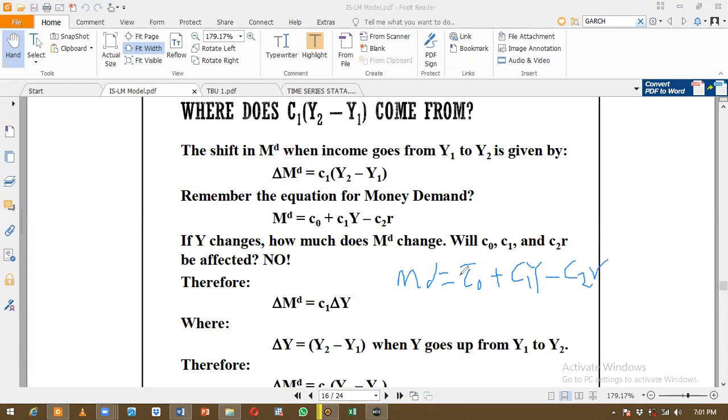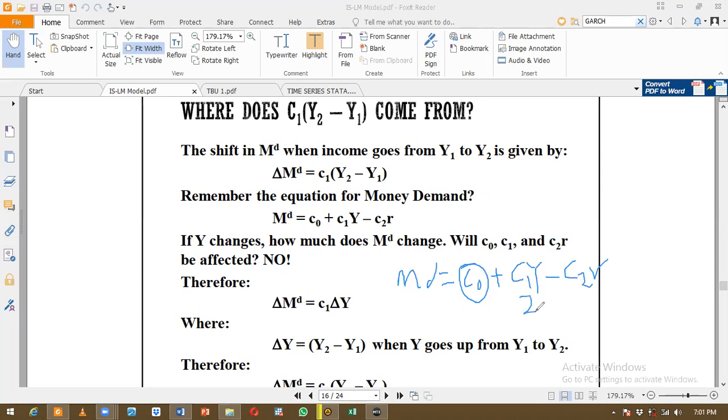So this C0 is the autonomous money demand, the portion of money demand that is independent of Y and R. And then this is income, this is interest rate, and C1 is the coefficient of income. So whenever there's a change in Y, the change in the money demand would depend on this coefficient.